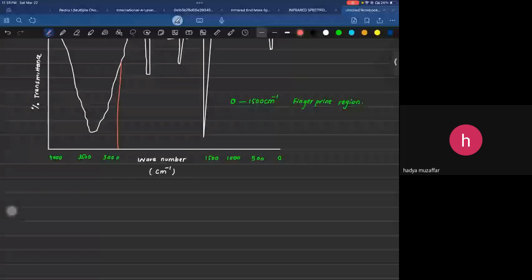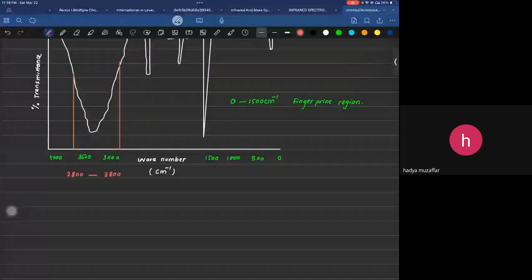You can see this peak ranges approximately from 2800 to 3800 centimeter inverse.